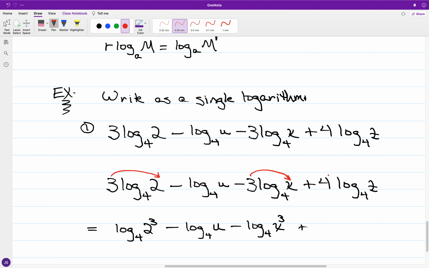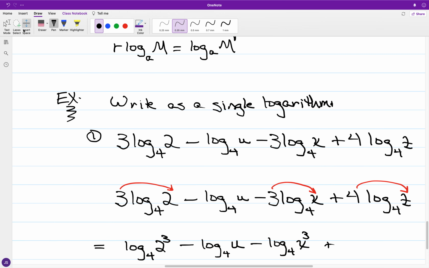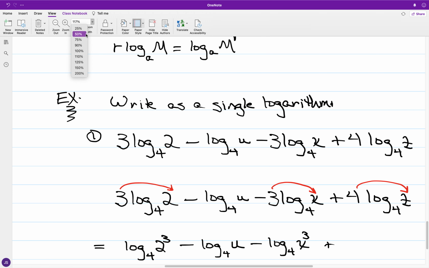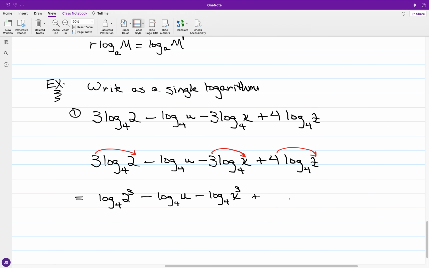and we have plus the base 4 logarithm of z to the 4th. Okay, so for what I have here, looking at what we have in the attachments, you have the base 4 logarithm of 2 to the 3rd.